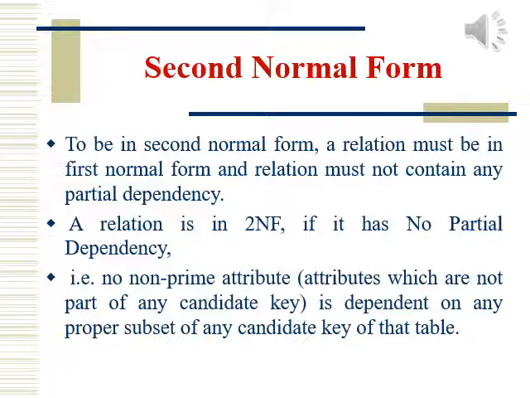Second normal form. To be in second normal form, a relation must be in first normal form, and the relation must not contain any partial dependency. The relation is in second normal form if it has no partial dependency. That means no non-prime attribute is dependent on any proper subset of the candidate key of that table.